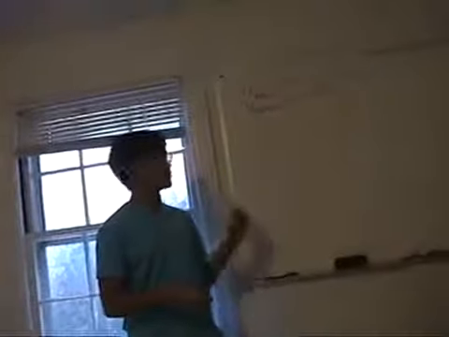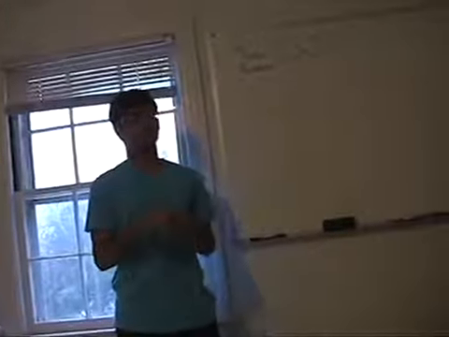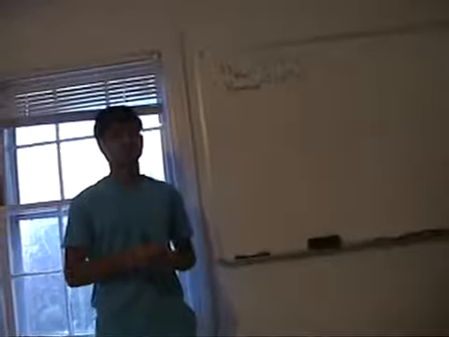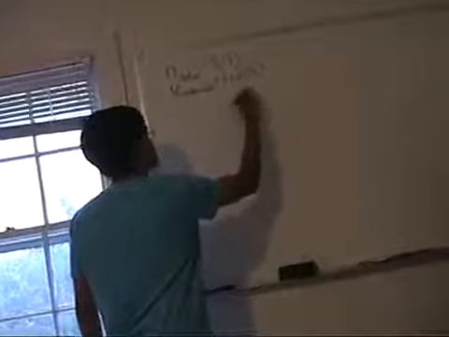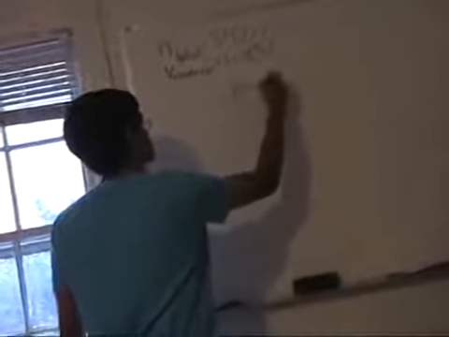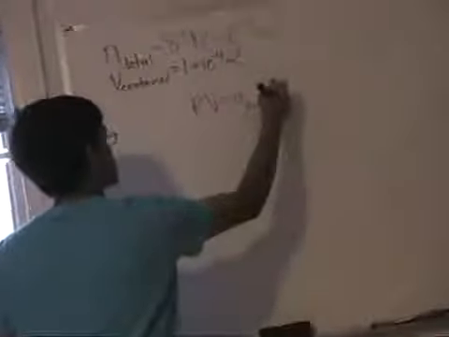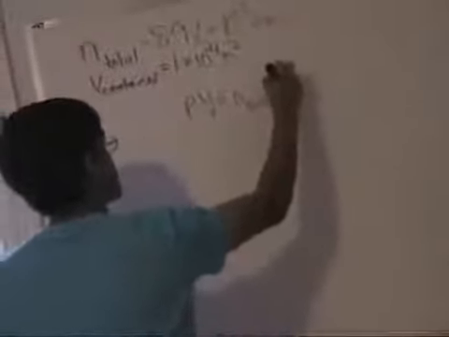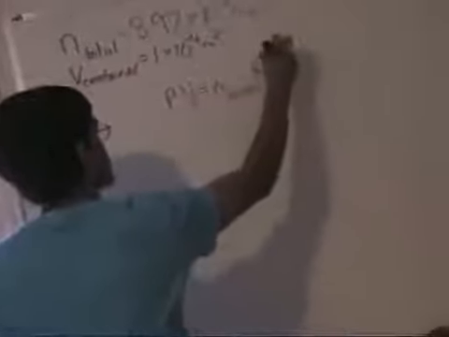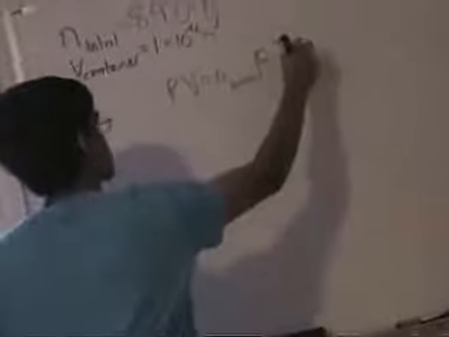Now that we have the total number of moles in both containers, we can set up 2 algebraic equations using the ideal gas equation to help solve for the number of moles in the heated container. So, first equation we can set up is PV equals N heated times the constant times temperature of the first container.